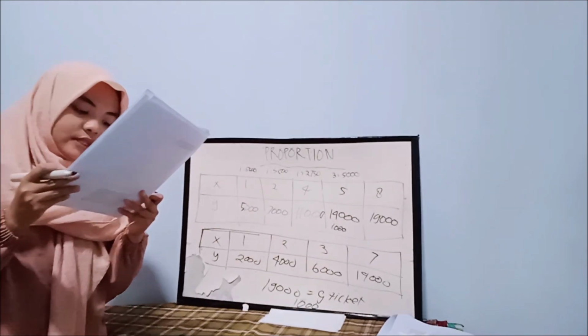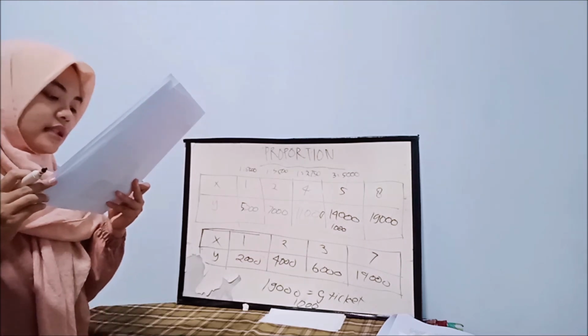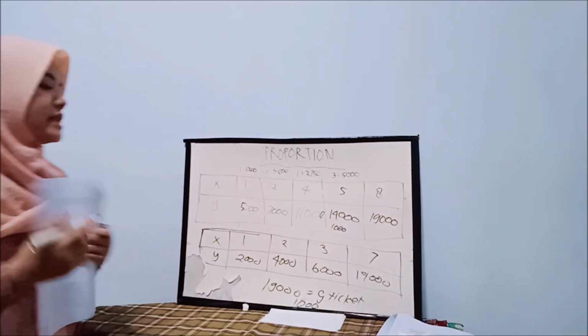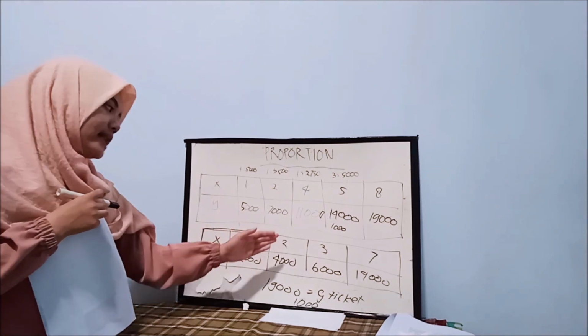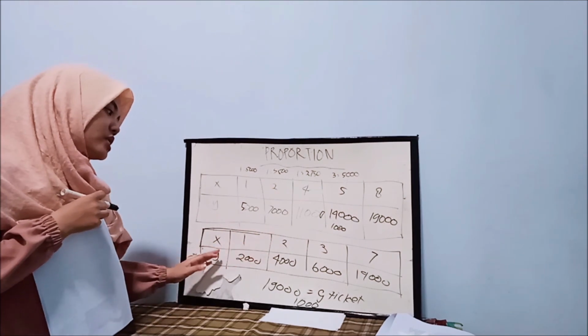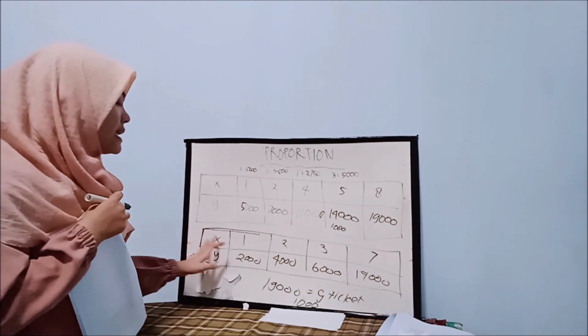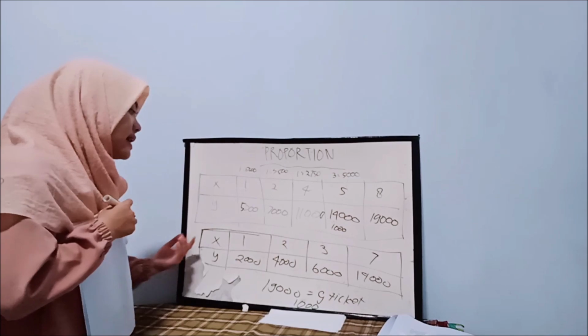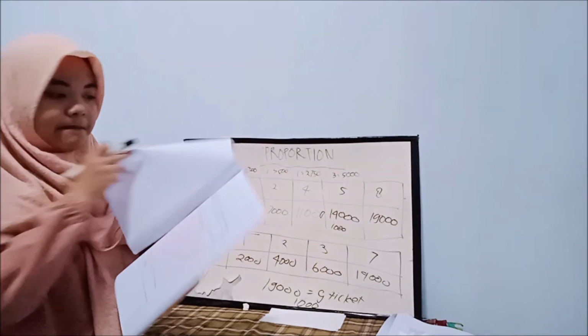In your own words, what is the relationship between the number of tickets and the cost incurred? If the tickets that Andi buys increase, the cost will increase also, and if the tickets decrease, the cost will also decrease.